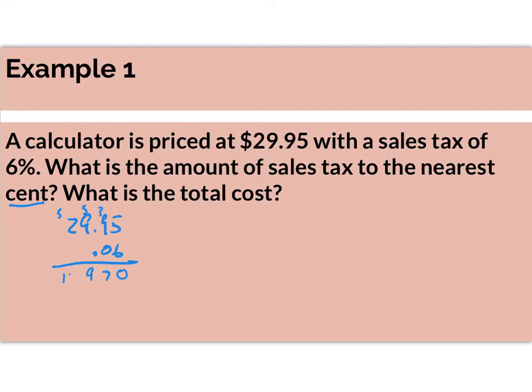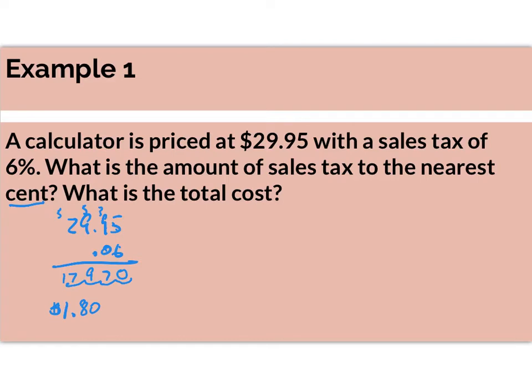Times 5 is 17. 1, 2, 3, 4 numbers. So we're looking at $1.79 and what's 1 plus 9 is 10. So this goes to $1.80 is the tax roughly.